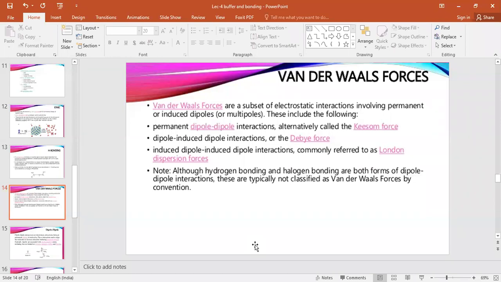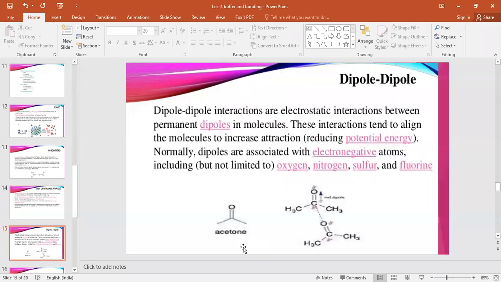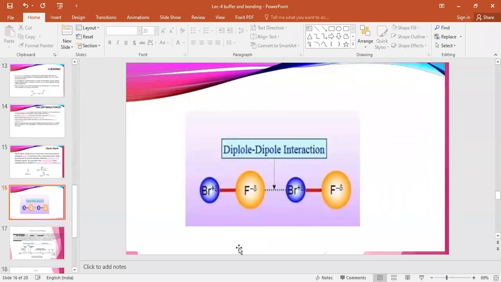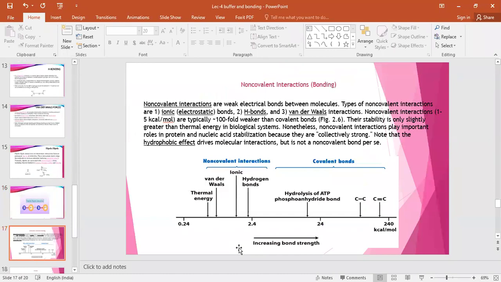Hydrogen bonding is a somewhat different thing and van der Waals forces are a somewhat different thing, but the same concept is followed in both forces. Dipole means what? Positive and negative attraction, nothing more than that. Delta positive and delta negative attract each other, which is known as dipole interaction.